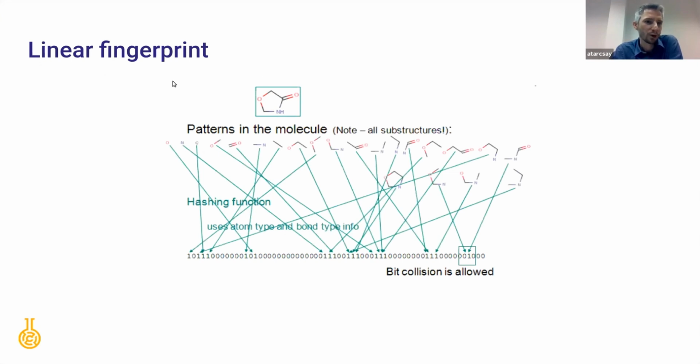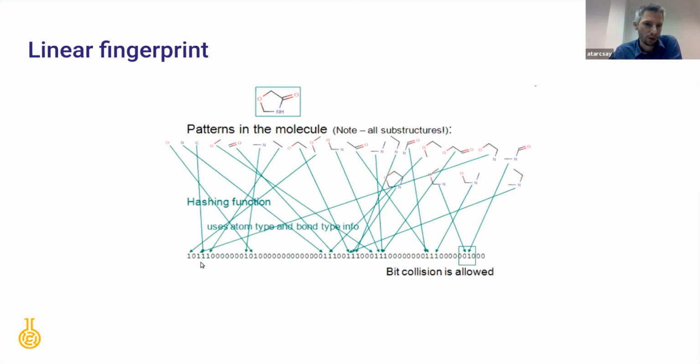In case of hashed fingerprints, there are two major types, the linear. Imagine a molecule like this. We define paths of the molecule from 0 up to 5, 7 length. And these paths are deconvoluted from the original structure.